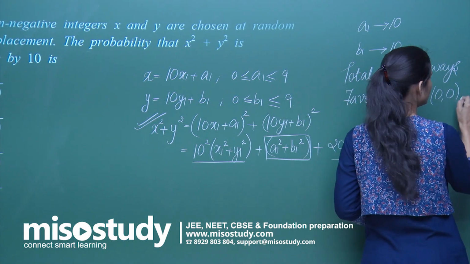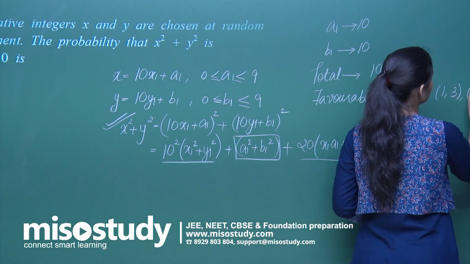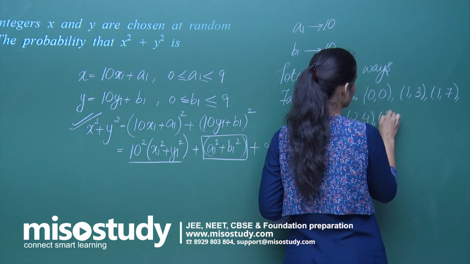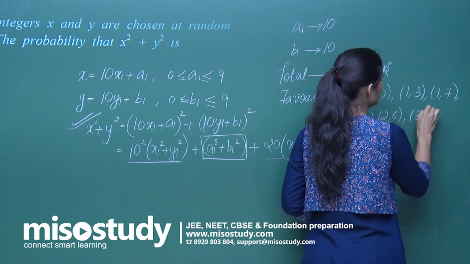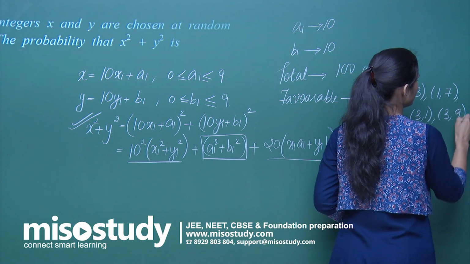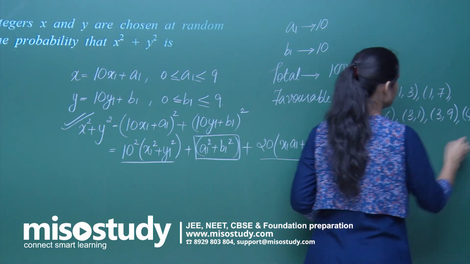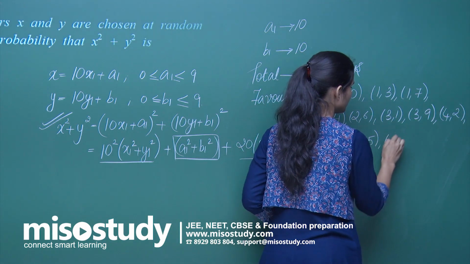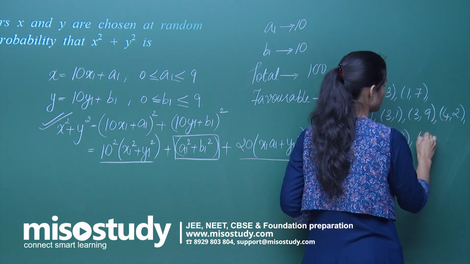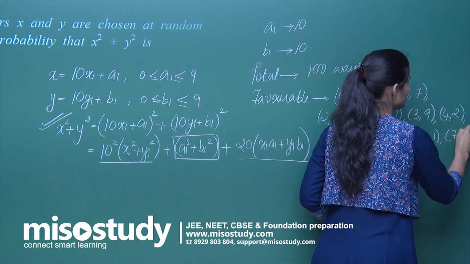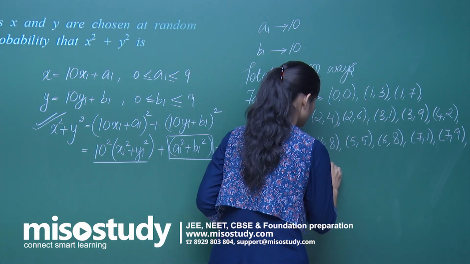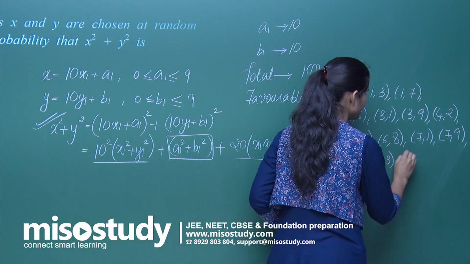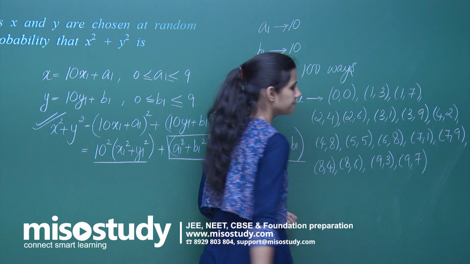The favorable pairs are (0,0), (1,3), (1,7), (2,4), (2,6), (3,1), (3,9), (4,2), (4,8), (5,5), (6,8), (7,1), (7,9), (8,4), (8,6), (9,3) and (9,7).